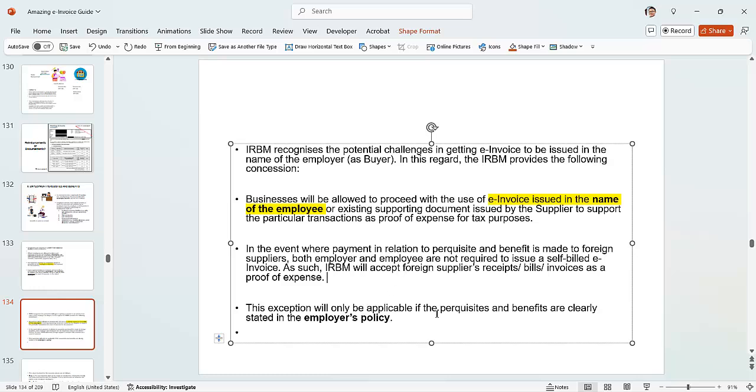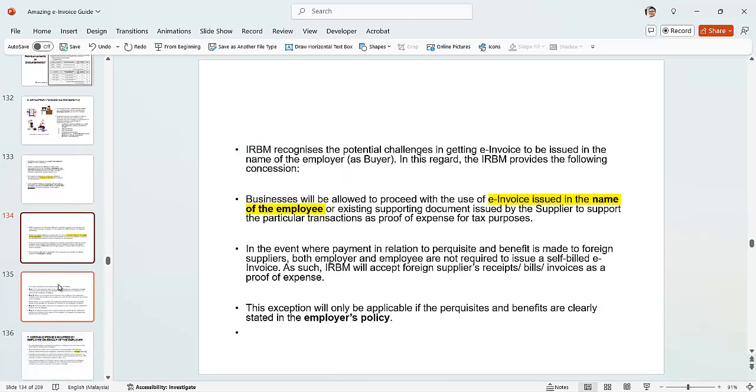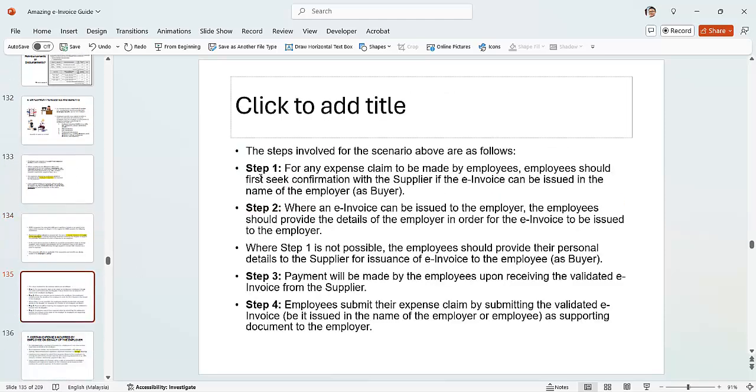This will only be applicable if the prerequisites are clearly stated in the employer's policy. So yes, the employer's policy has to state that all this is part of the employee benefit. Okay, and then for any expenses claimed, employees should first seek confirmation whether the invoice can be issued in the name of the employer.